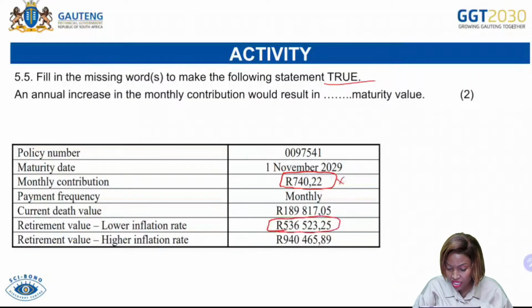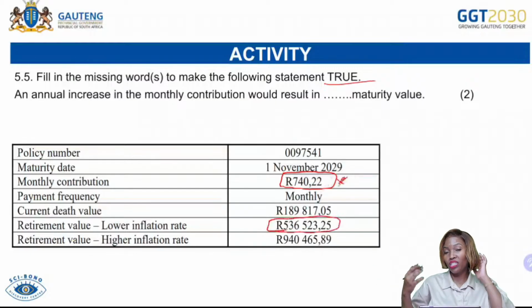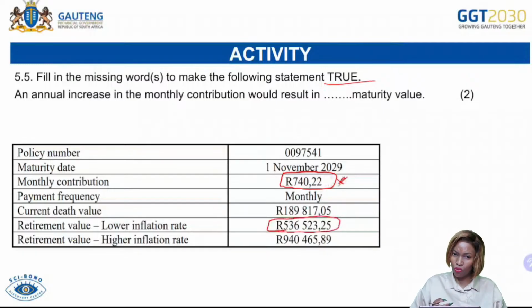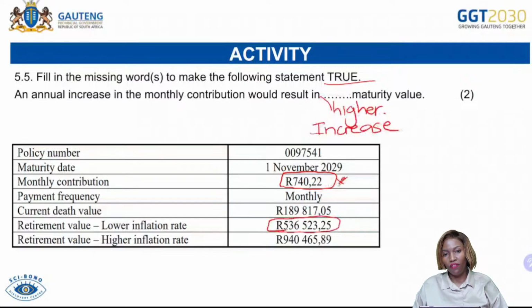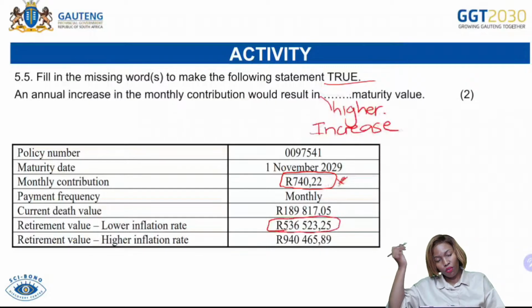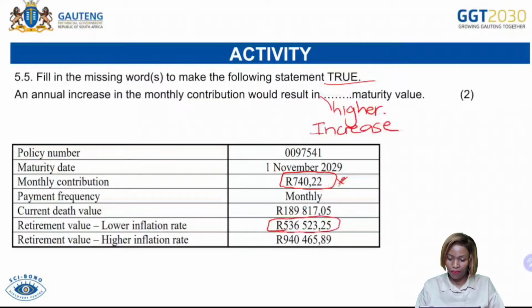So if we increase this, obviously the maturity value will also increase. It's simple math. You increase one, it also increases the next one. So this will result in a higher maturity value, or an increase in the maturity value. So anything, as long as it is higher. If you increase your premium, your maturity value will also increase.